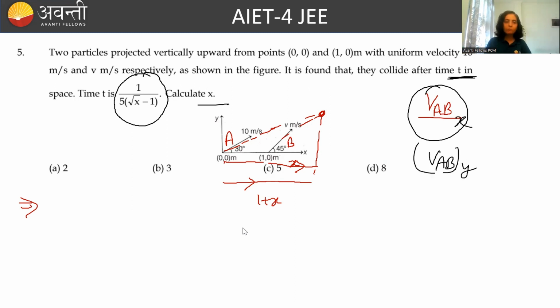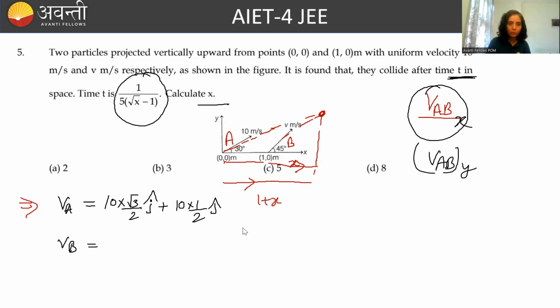For that, let's first write VA. VA is equal to 10 cos 30, that is 5 root 3, in the i cap direction, plus 10 sin 30, that is 10 into half, in the j cap direction. Now what is VB? VB is V cos 45, that is V by root 2 i cap, plus V by root 2 j cap.